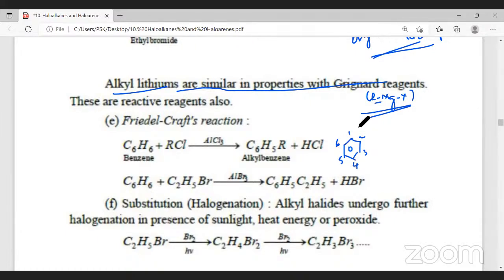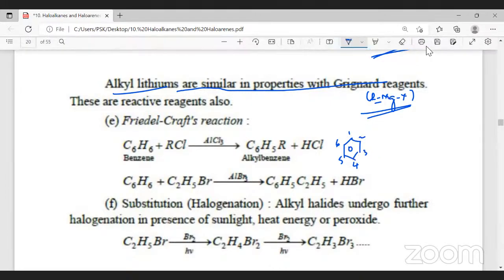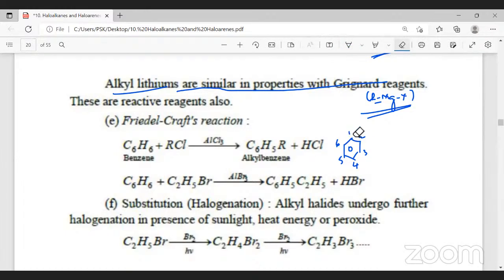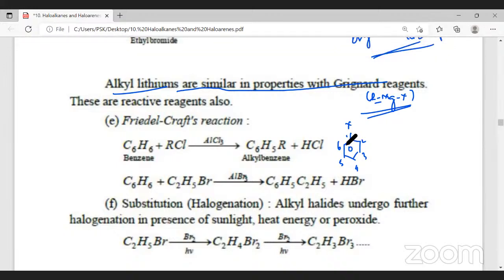Okay. Now, in pure benzene, all hydrogen atoms behave similarly, so there won't be any ortho and para positions. Only in substituted benzenes do we talk about ortho and para positions. So in pure benzene, all hydrogen atoms have identical properties. Therefore, no ortho and para.